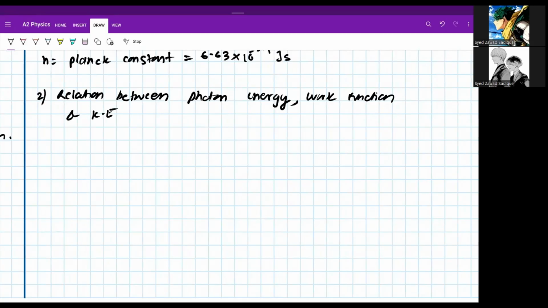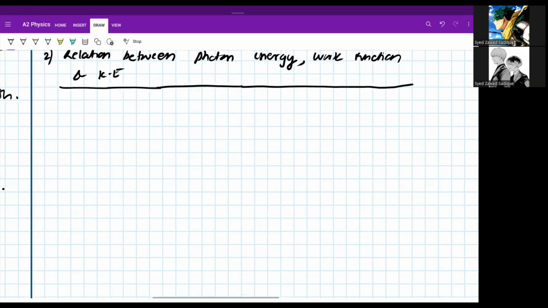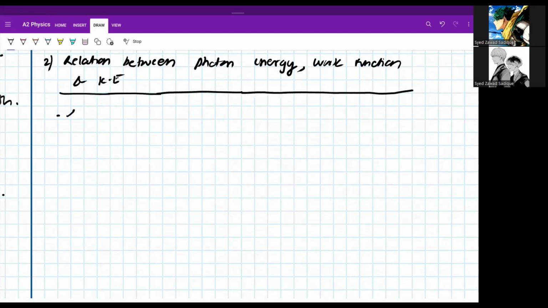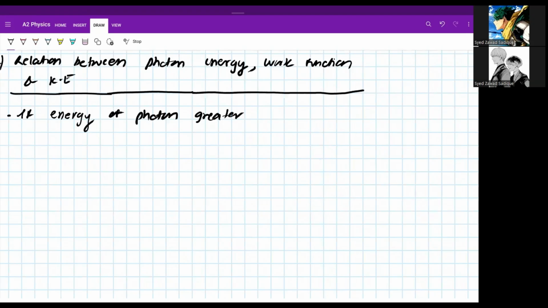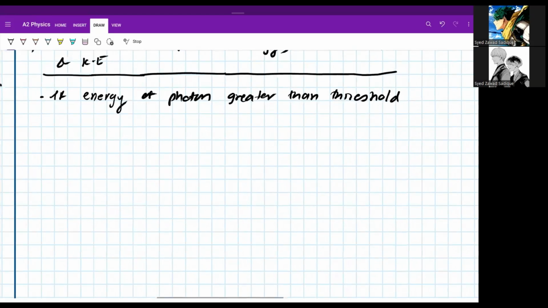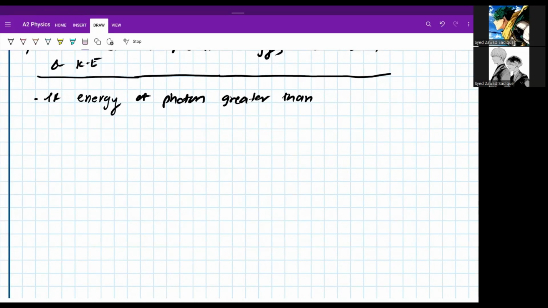First of all, I have to note this down: if the energy of the photon is greater than the work function energy, then the frequency is greater than or equal to the threshold frequency.